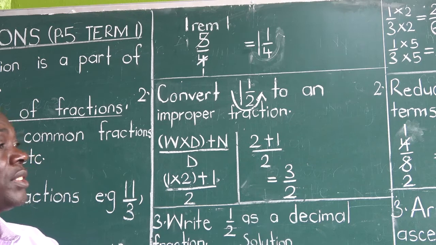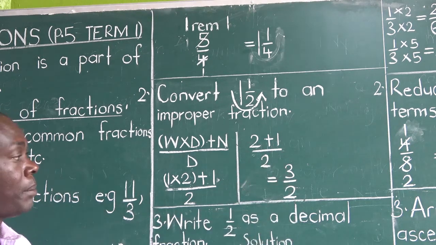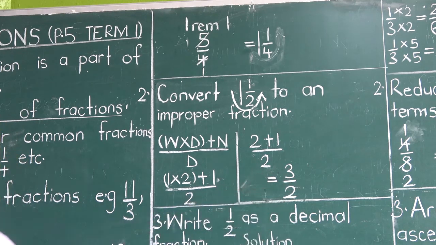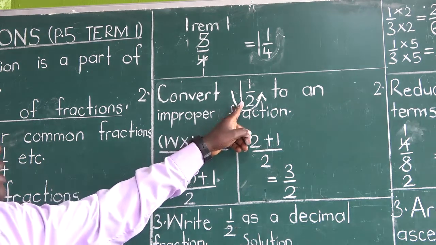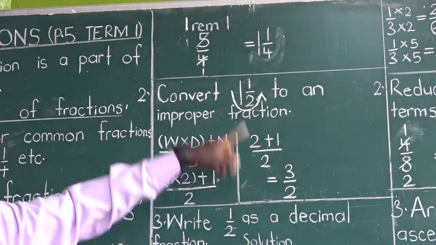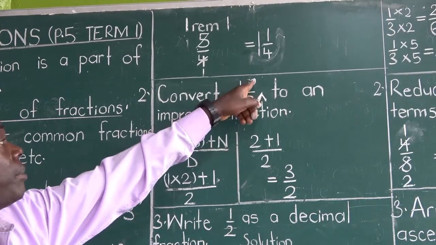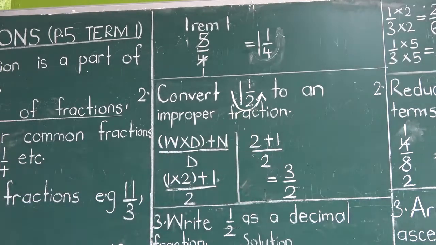Remember, an improper fraction is said to be so in case the upper number, called the numerator, is greater than the denominator. So that's what we have done. Say it: whole number times the denominator plus numerator out of the denominator.